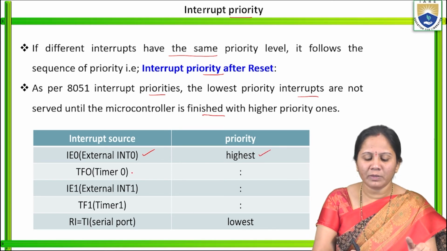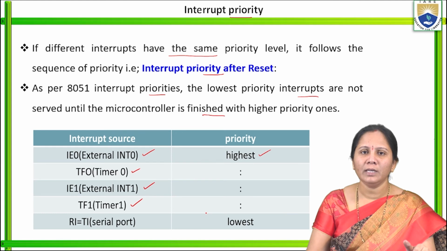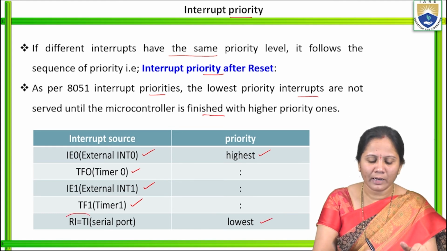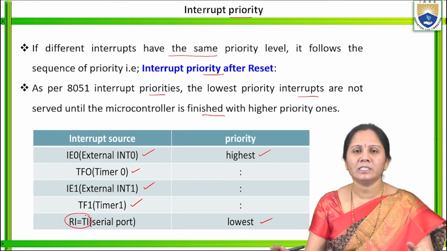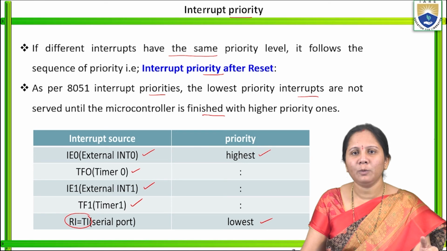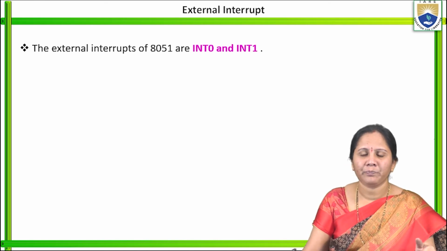The next highest priority is for TF0, next for IE1, and next for the TF1 interrupt. The lowest priority is for RI and TI, that is the receiver interrupt and transmitter interrupt related to the serial port operation. That will have the least priority.